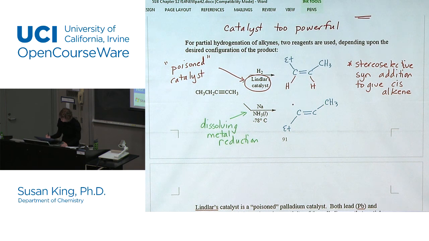I will not show you the mechanism for that. It's a little complicated. It involves radicals. And we don't talk about radicals until chapter 15. So it's not really something that's appropriate to show you right now, and I'm not going to show you even after we do chapter 15.